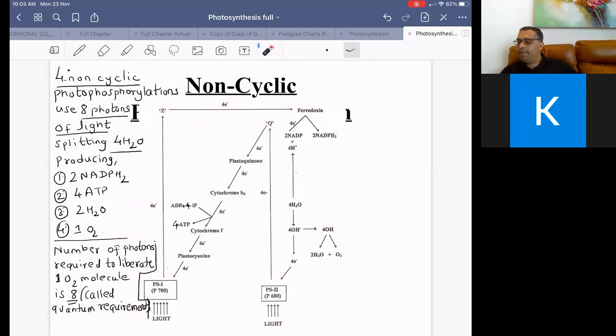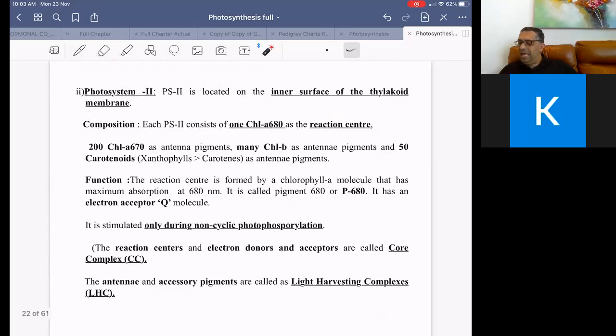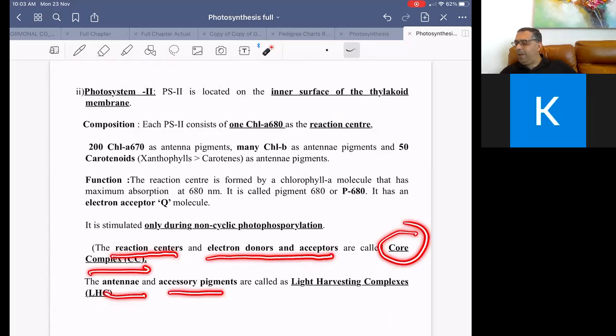And we will end with these terms: the reaction center and the electron donors and acceptors are called the core complex, and the antennae and accessory pigments are called the light harvesting complex.